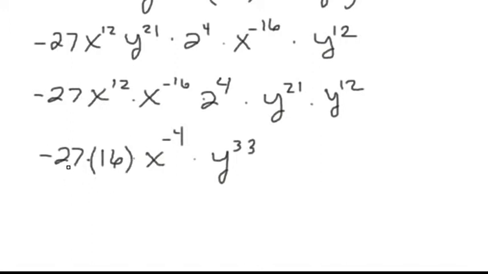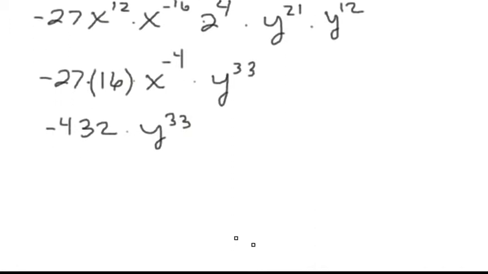This is going to end up being negative 432. Now this is x to the negative 4, so I'm going to take that back down to the denominator. We want to write our answer with positive exponents. And so we do. X to the 4th in the denominator.